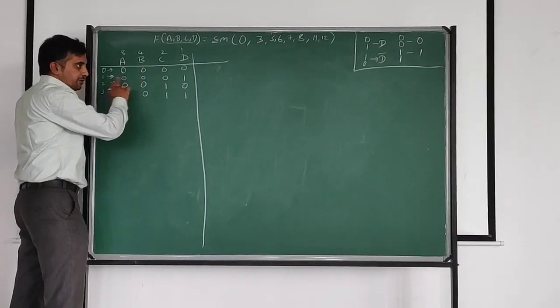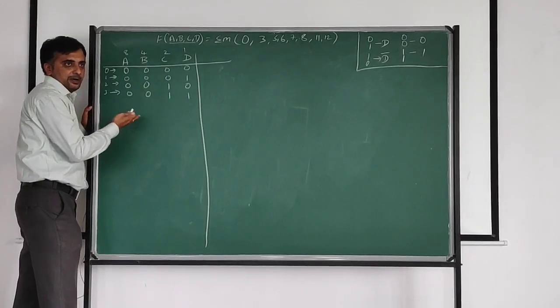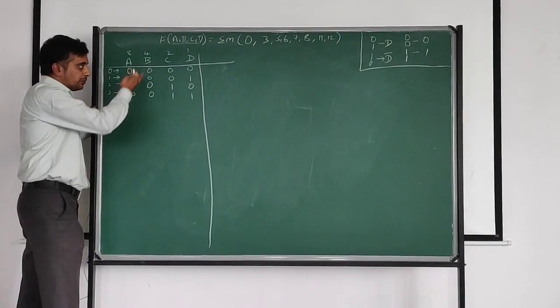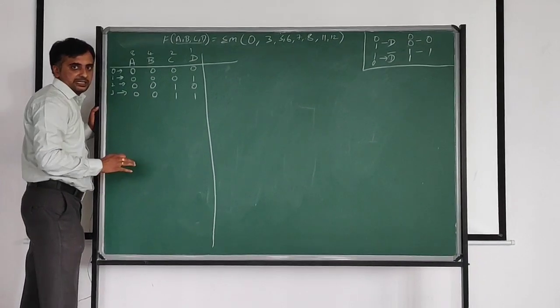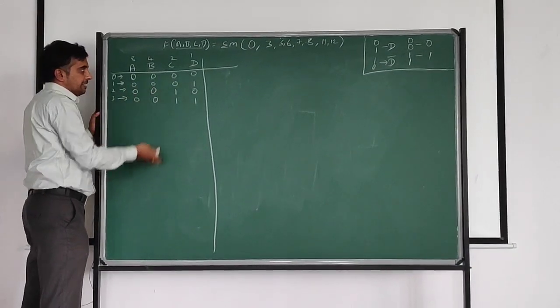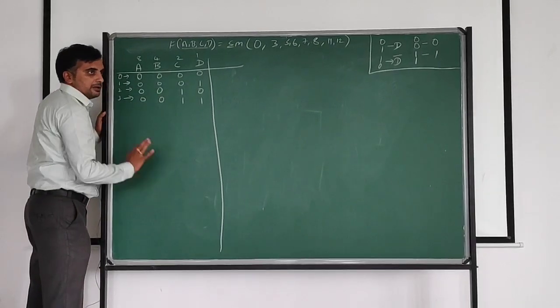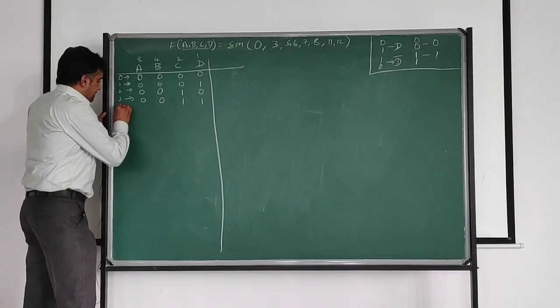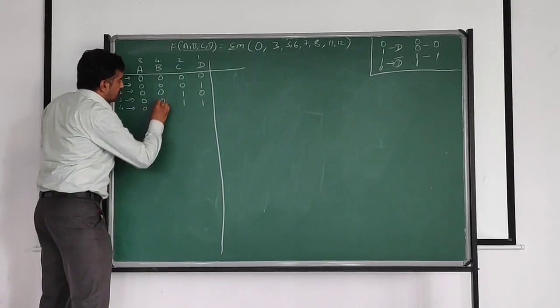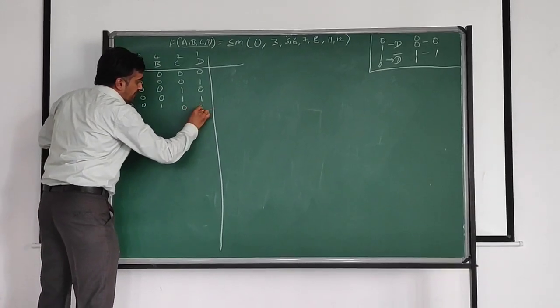Similarly for 4: 0, 1, 0, 0, like that you have to write. In PUC we discussed all those concepts, and in the first year electronics subject also it is written similarly. Simultaneously we have to write up to 7 inputs also. Next, 4 indicates 1 and the remaining is 0.